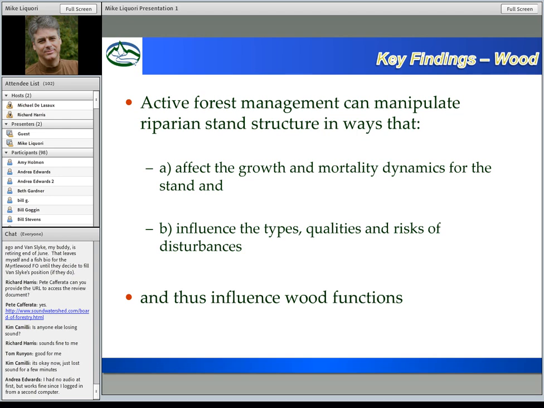By contrast, if you have conditions where the stem diameter is of sufficient size to be geomorphically effective, but you don't have enough mortality, you may want to do things to encourage mortality.